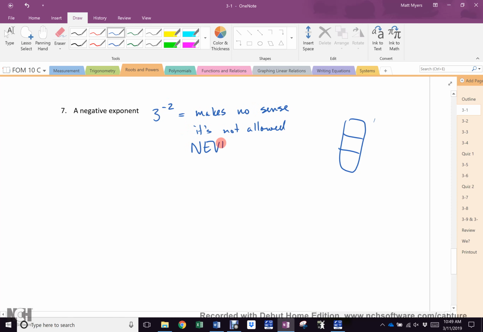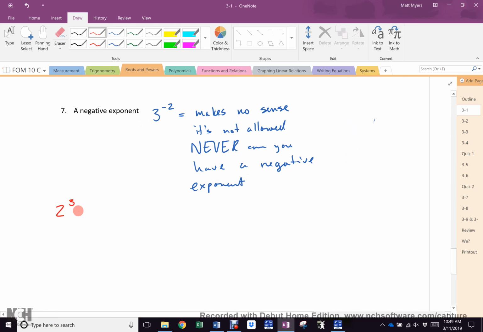Never can you have a negative exponent. Ever. Now, some of you already know what this answer is. Please don't yell it out because I want to show everybody what it is. Okay?